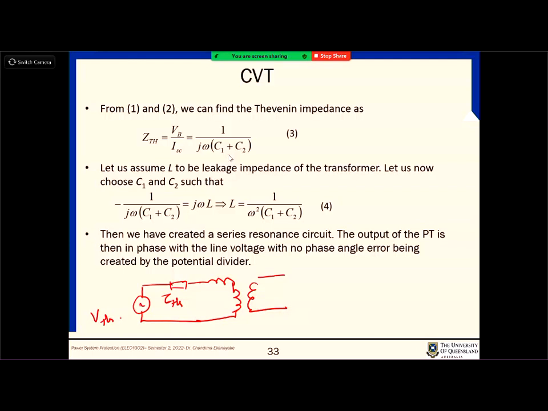We know that ZTH is capacitive and the transformer is inductive.